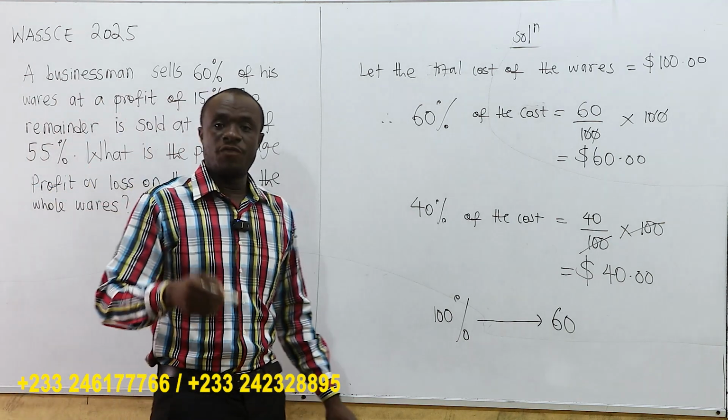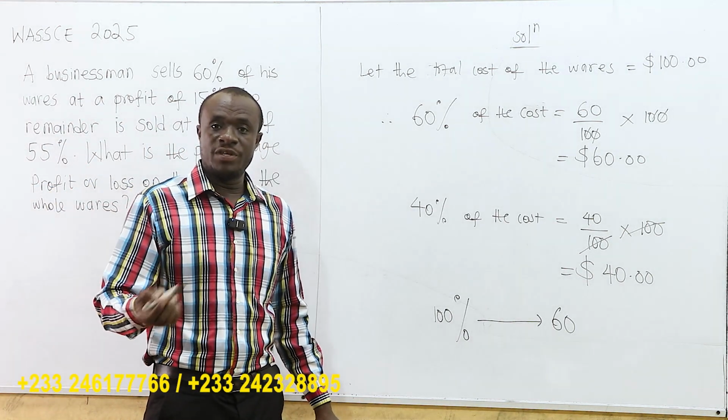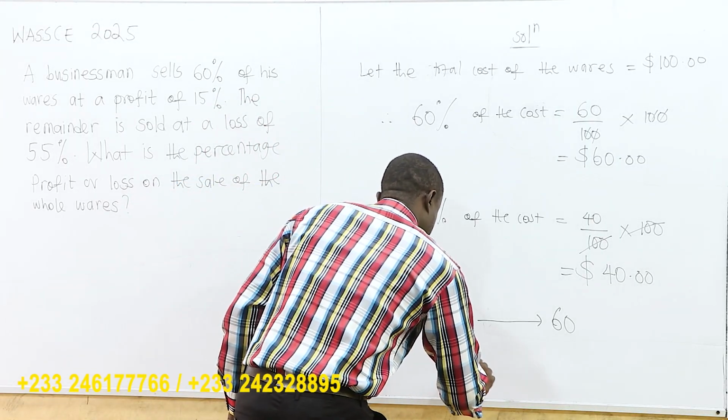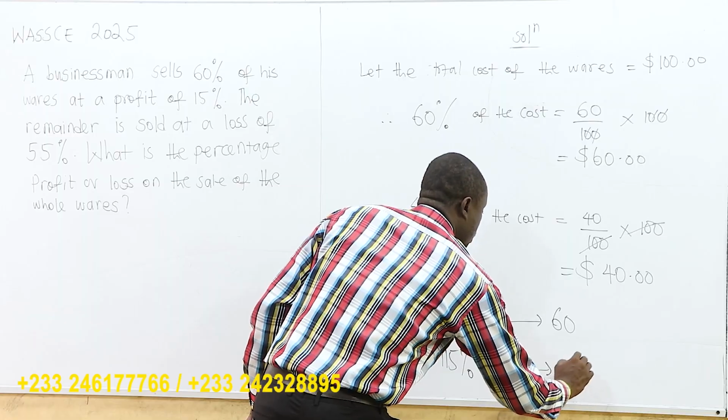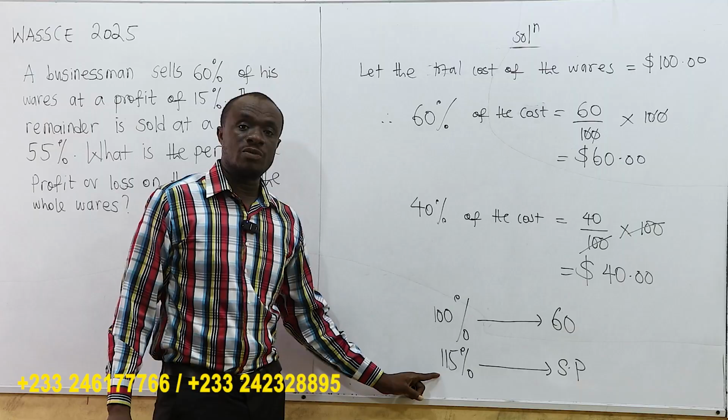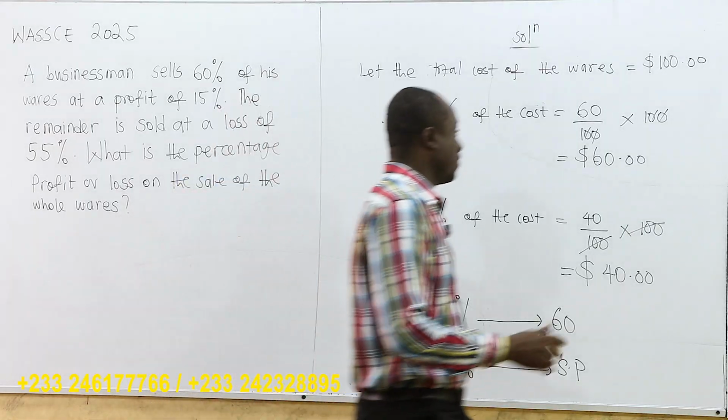Now, profit of 15%, you have to add 15 to 100, and this is giving us 115%, and this is mapping to the selling price. 115 is more, so if more, let's divide.